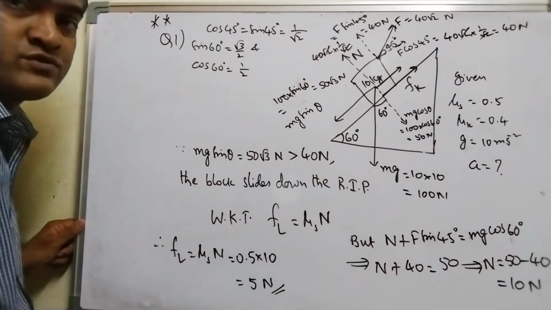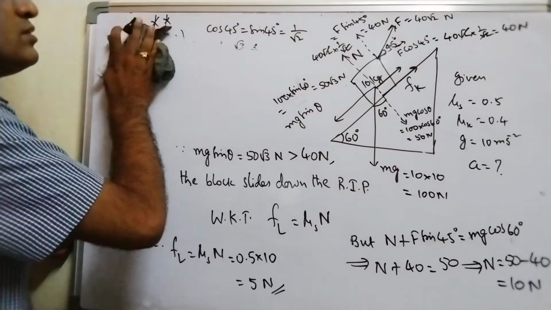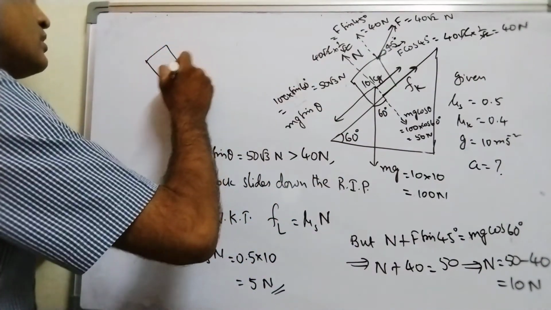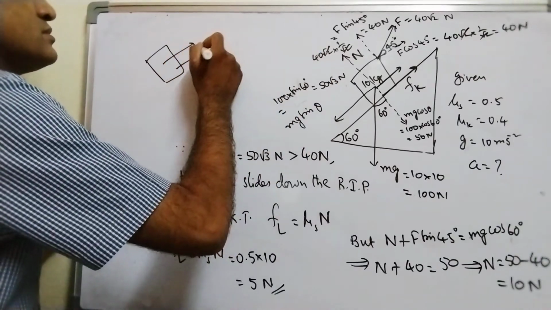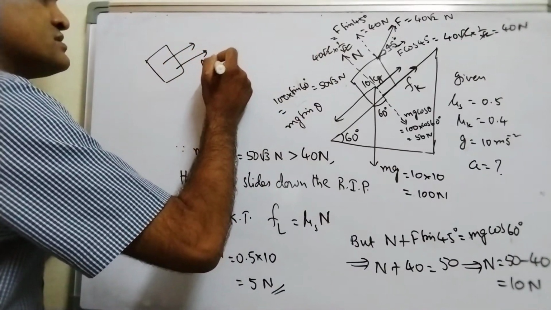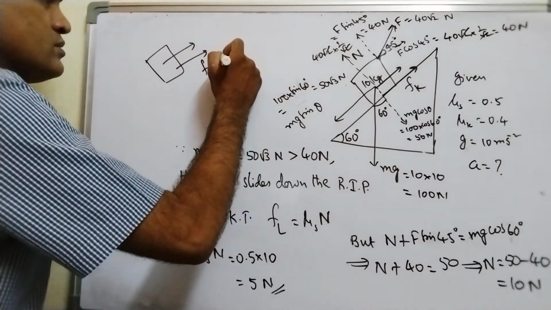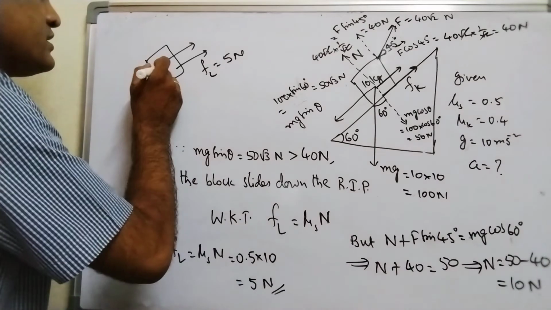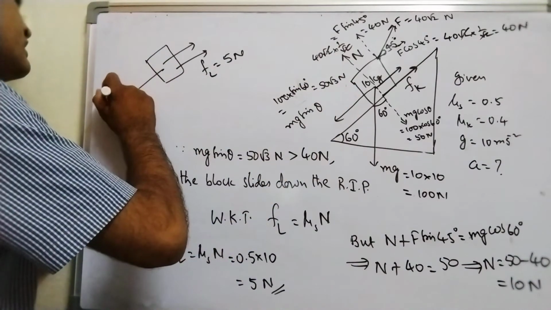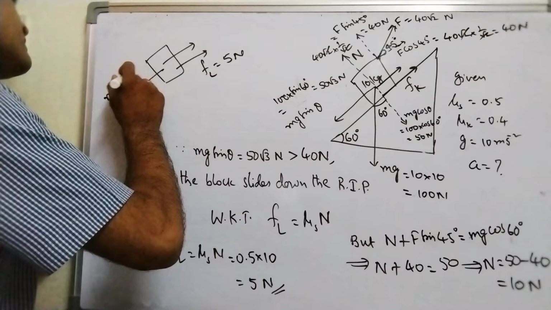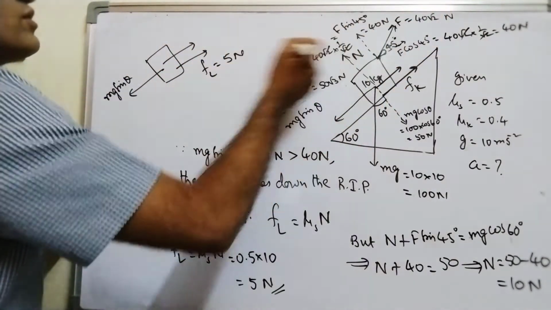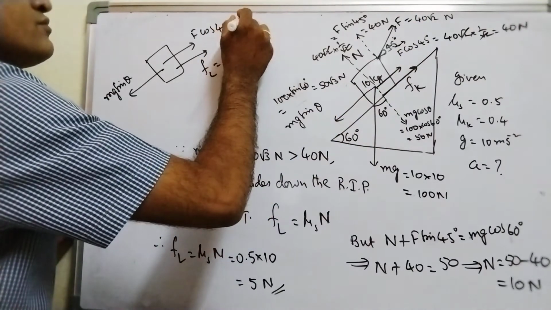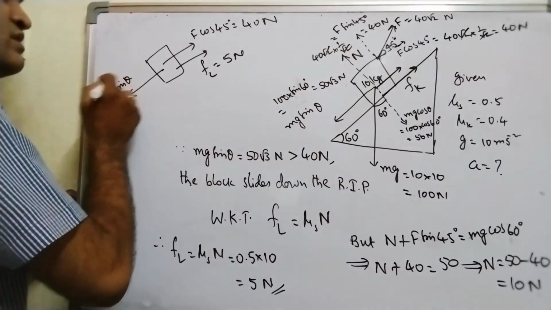Upward on this block there are two forces. One is limiting friction, equal to 5 Newton. And here you have one more force, F cos 45, which is equal to 40 Newton. And what is the value of mg sin theta you got?